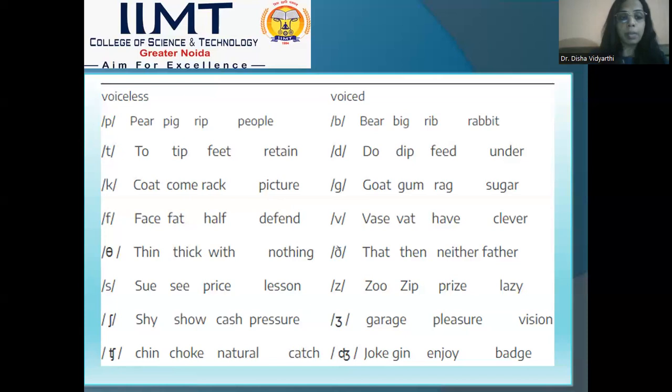The examples are written here with words, like pear, pick, rip, people. There's no vibration while we are producing the p sound or the t sound, as in tip, feet, retain. But on the contrary, if you speak the sound d, there is a sound coming from your vocal cord. So this was voiceless and voiced consonants based on the manner of articulation.